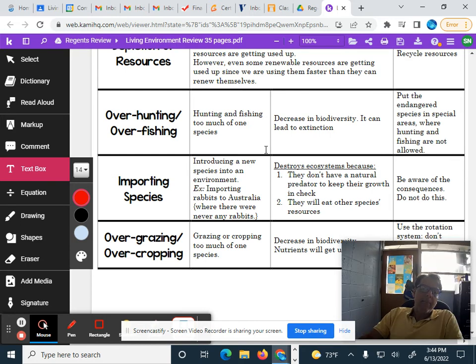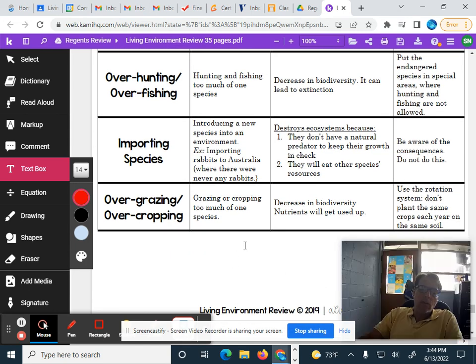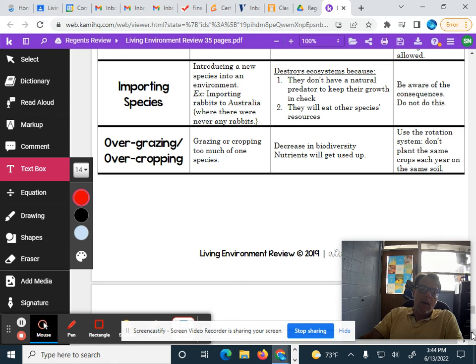We can stop that by having conservation programs that protect species. Importing species is a bad thing. That's when you introduce invasive species to an environment. They don't have predators and natural enemies, and so they proliferate and crowd out and use up the resources for the other organisms that are natural to the area.